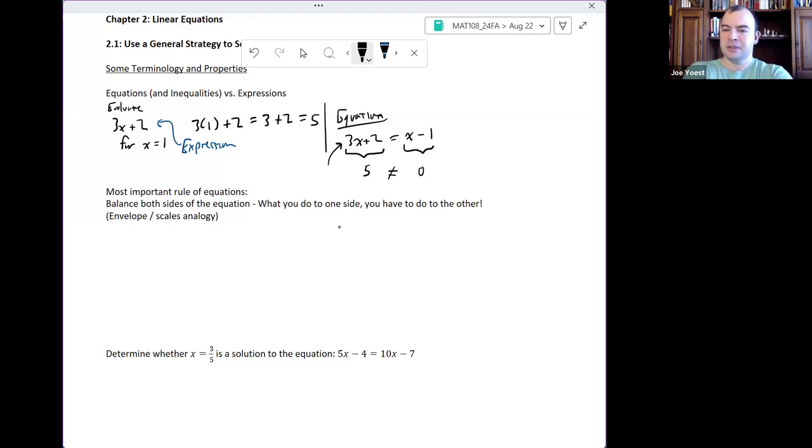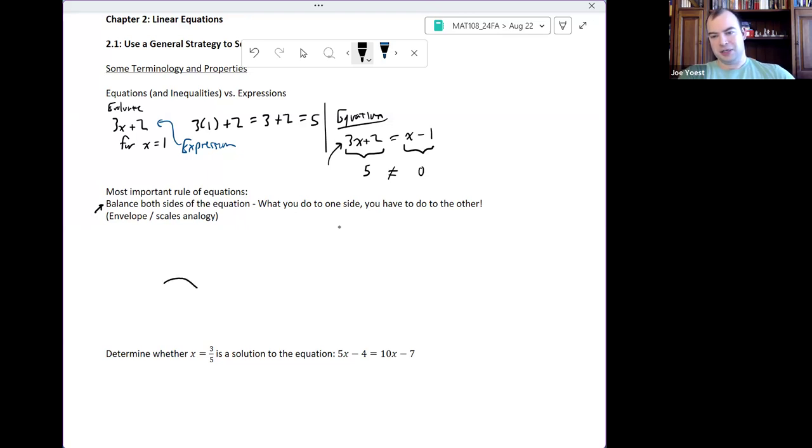Probably not. So I want to develop a strategy to solve equations algorithmically. I want a process that I can go through to find the solution of an equation, not just the guess and check method. And again, the most important idea is that our equation has to balance.